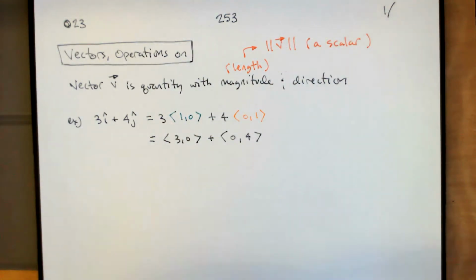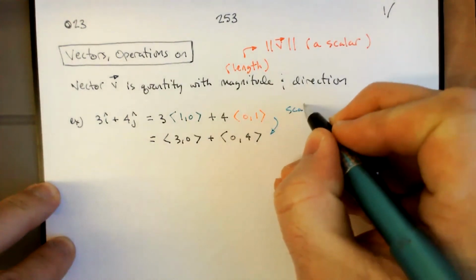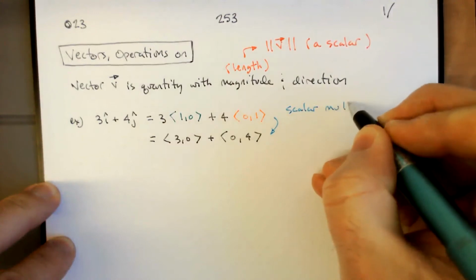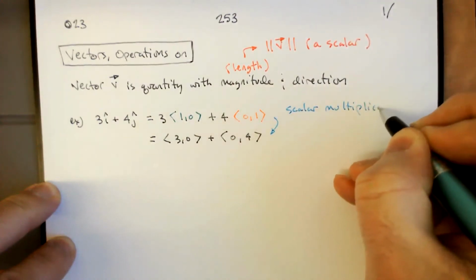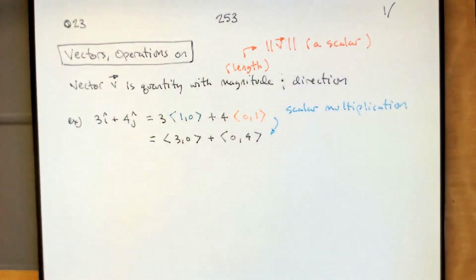So here is the operation of scalar multiplication. I should say multiplication of a vector by a scalar, but that's a little bit too much to say, so I'm just going to say scalar multiplication. All we're doing is increasing or decreasing the magnitude of the vector while maintaining its direction. The vector 1, 0 goes horizontal.